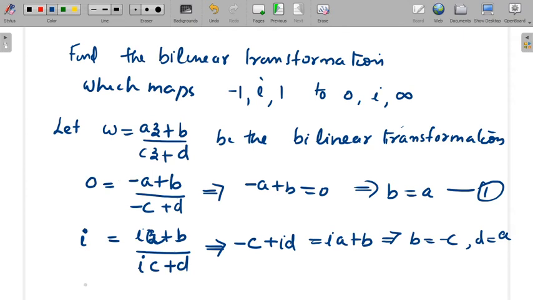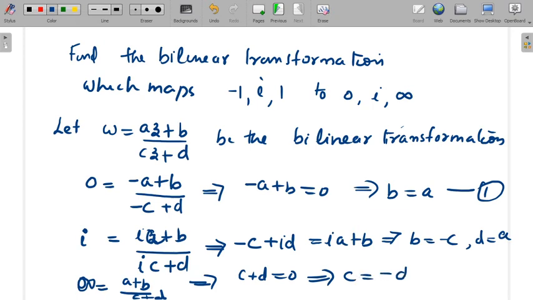So what we get is 0 equal to, we are giving z the value 1, so (a + b)/(c + d). So this implies w is infinity. So this infinity means c plus d should be equal to 0, which implies c should be minus d.